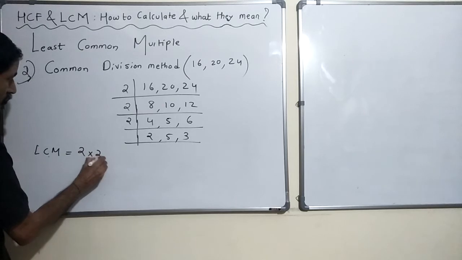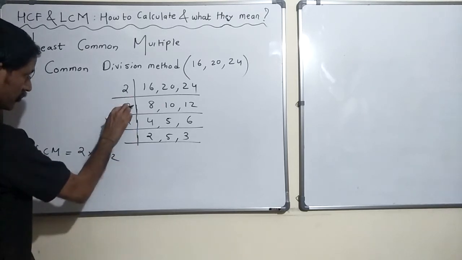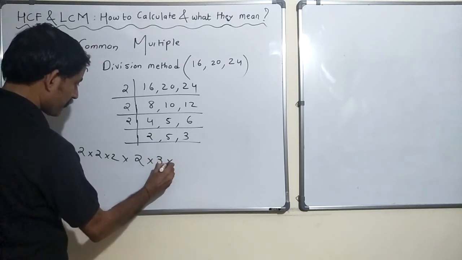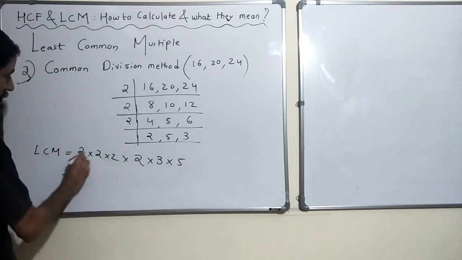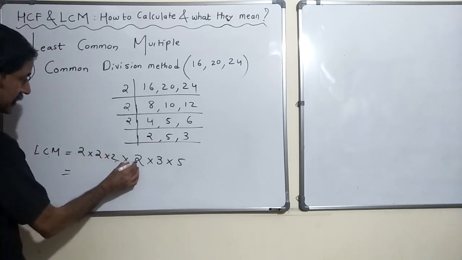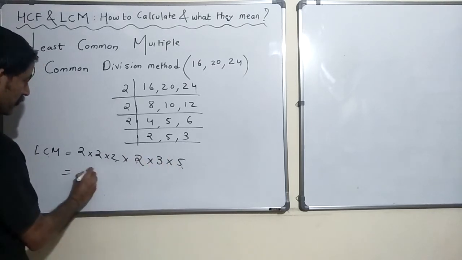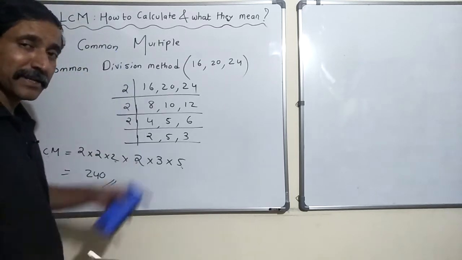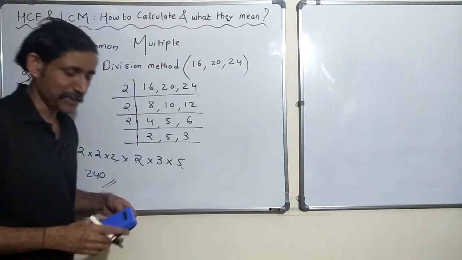2 into 2 into 2, 2 into 2 into 2 into this remaining. Okay, 2 into 2 is 4, 4 twos are 8, 8 twos are 16, 16 fives are 80, 80 into 3 is 240. Same answer that we got in the previous method.